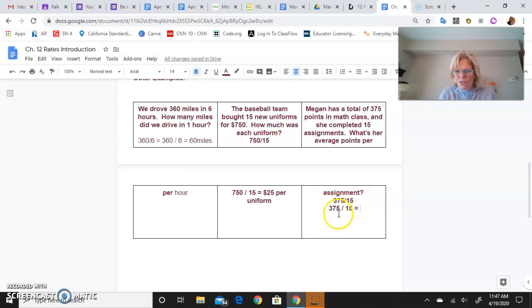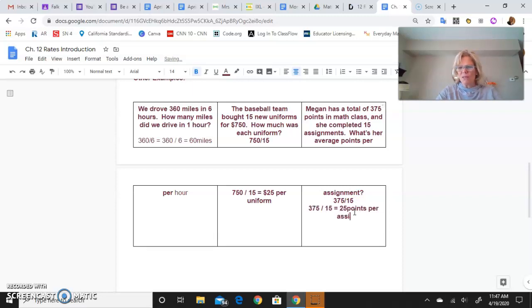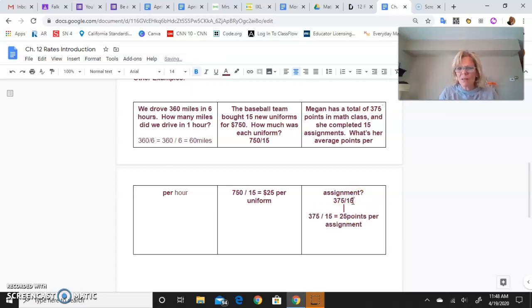I want to say 15 goes in 37 twice. 75, I think it's 27. 15, 4, it's 25. So she has 25 points per assignment. Now that would be an average, right? So there's finding the mean.